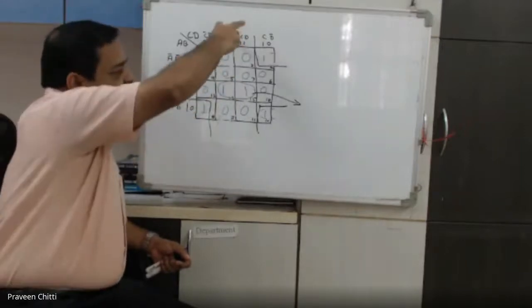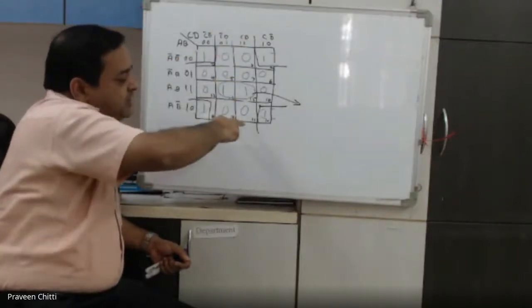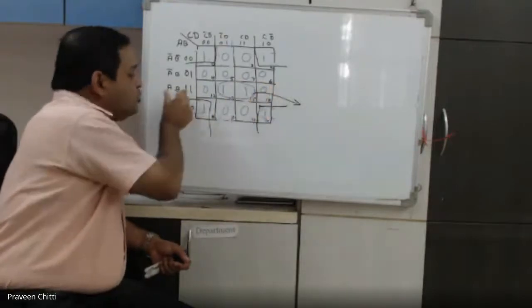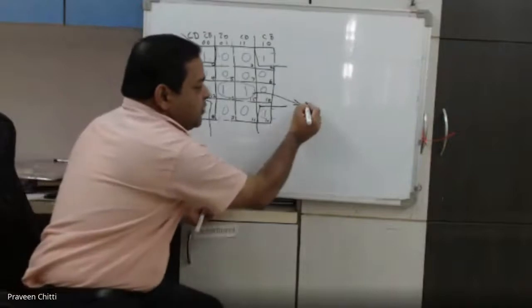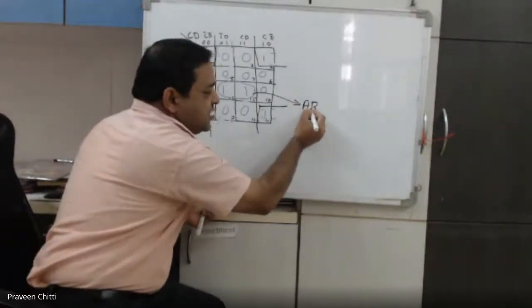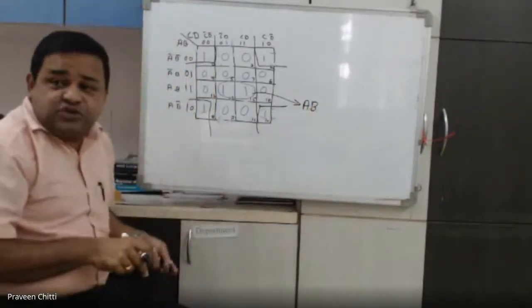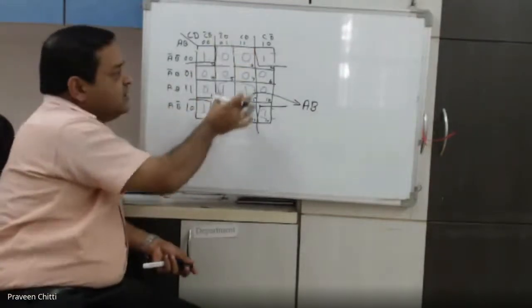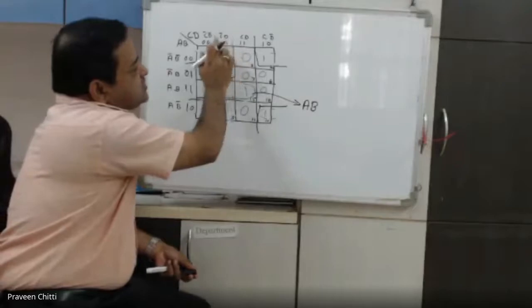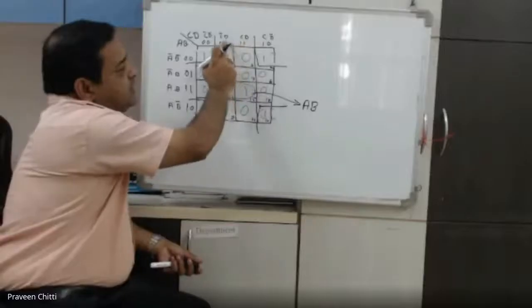Here it is common for these two columns and one row. From the row, what information have I got? AB. So in the product term, AB should be there. But along with that, something should be there, and that something comes from these two columns. Now you should take these two columns and check which is common here.